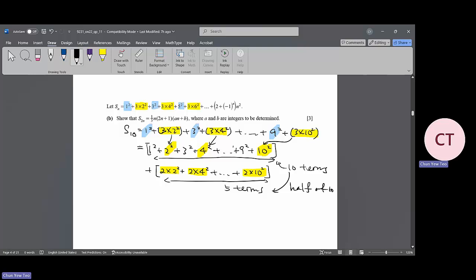If you can understand this, then we can make our question here become 2n. If this is 2n, then this will become 2n minus 1 plus the 3 times the 2n squared. So this is the even, this is the odd.